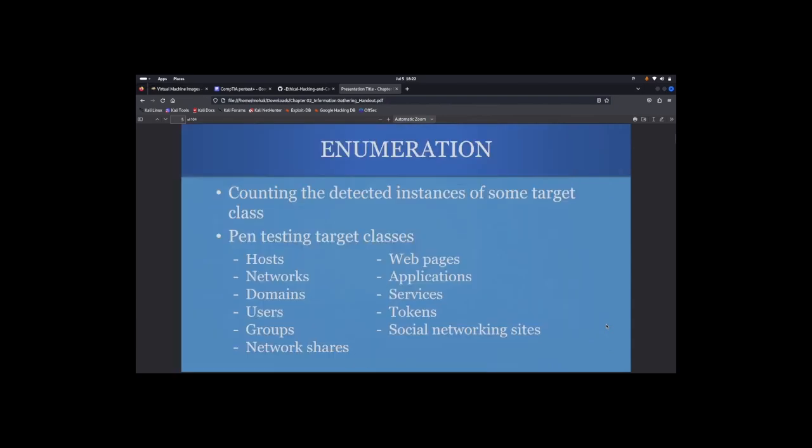So in pen testing, how many things are targeted? There are hosts, meaning the things we have to get information about. Basically the host, the networks the host is in, where host means my target.